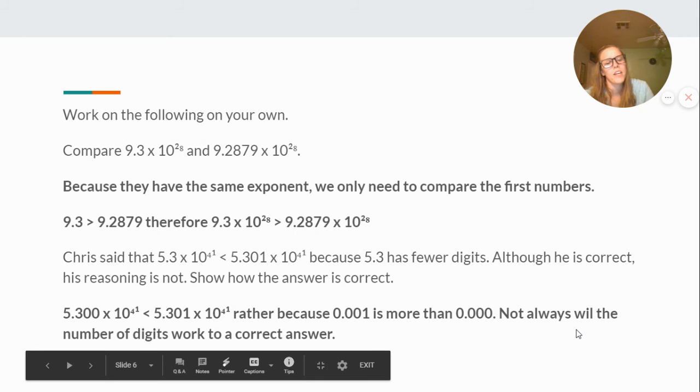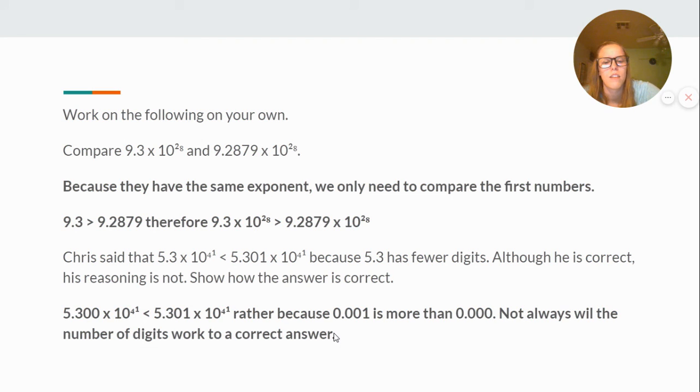But the number of digits will not always lead to a correct answer. When we look at numbers in the thousandths, they have the same number of digits, but that doesn't mean they're equal.